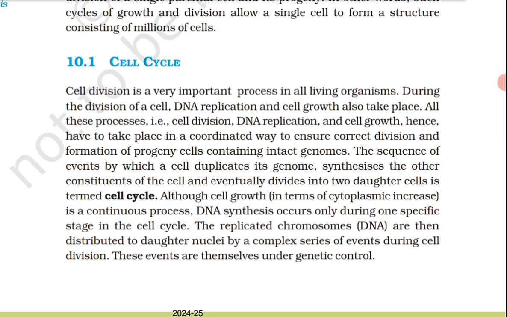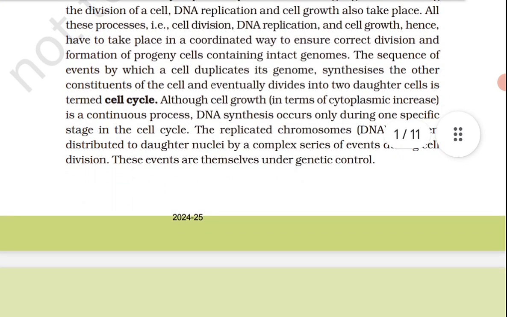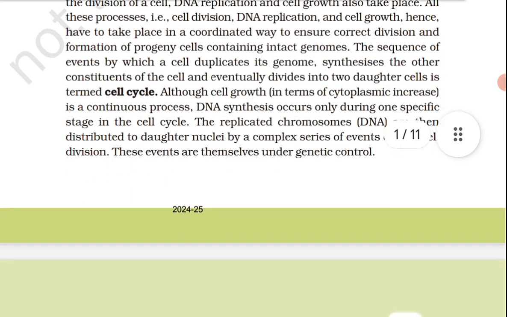The replicated chromosomal DNA is then distributed to daughter nuclei by a complex series of events during cell division. These events are themselves under genetic control.